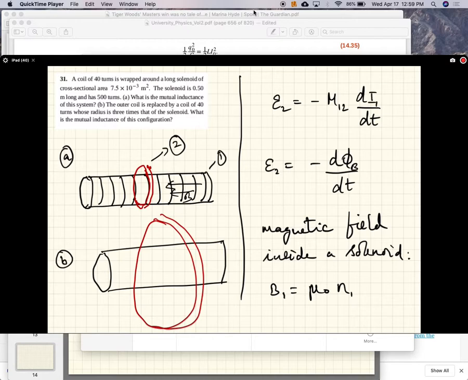All subscripts 2 will correspond to coil 2.